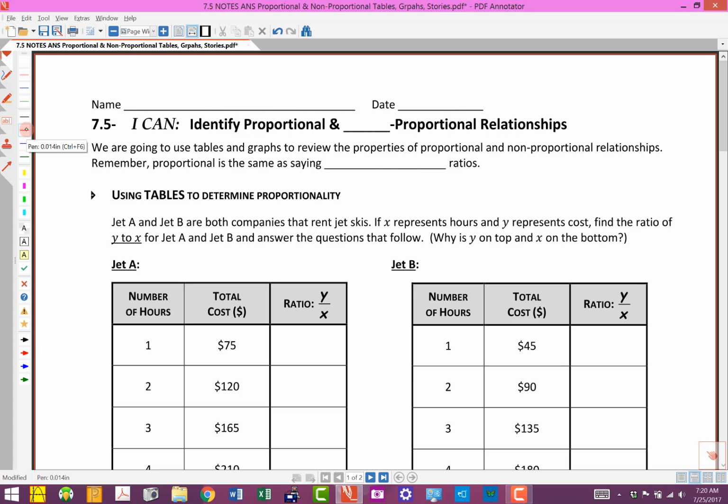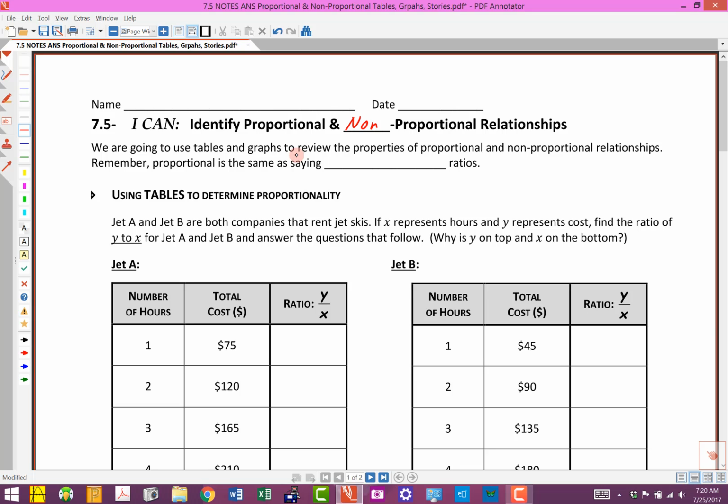Alright, in this next section, 7.5, we're going to talk about how we can identify proportional and non-proportional relationships. We've spent a lot of time looking at equivalent ratios, looking at graphs, all sorts of different things so far. And now we're going to view things kind of in context, and we're going to look at some tables and some graphs more in depth.